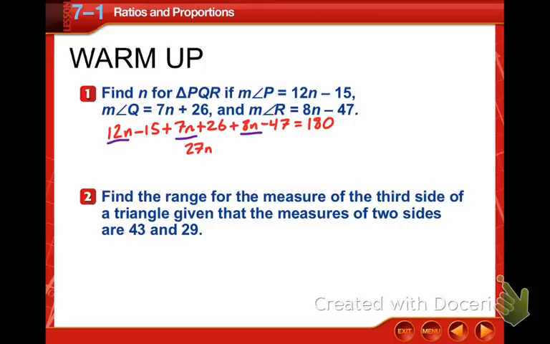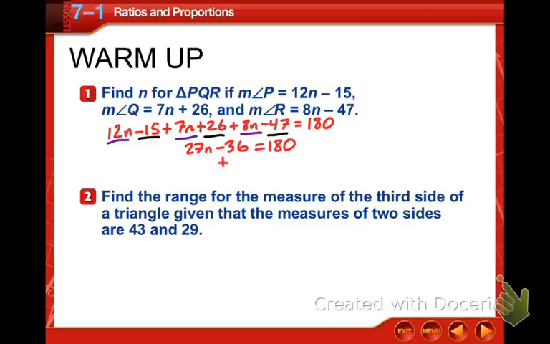Then we also have negative 15, positive 26, negative 47, sorry. Negative 15 plus 26 is 11, and 11 minus 47 is negative 36, equal to 180.